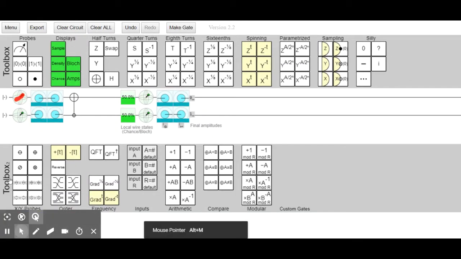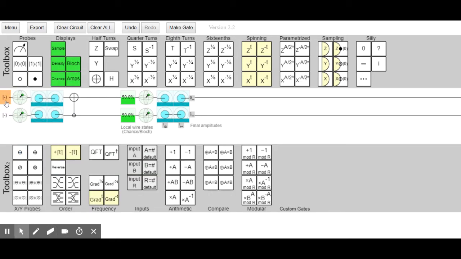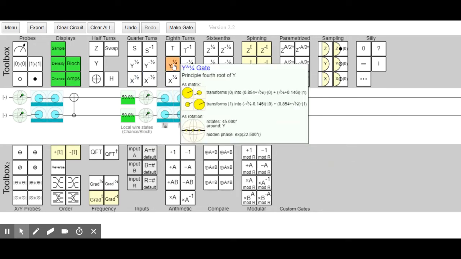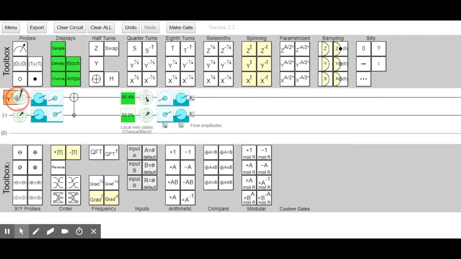Just to show you what I mean, if instead of a minus state you have something else, I should add a Y rotation of like a quarter or something. Exactly.